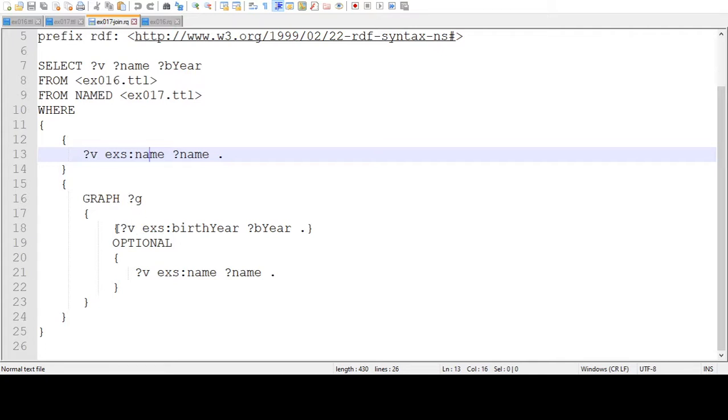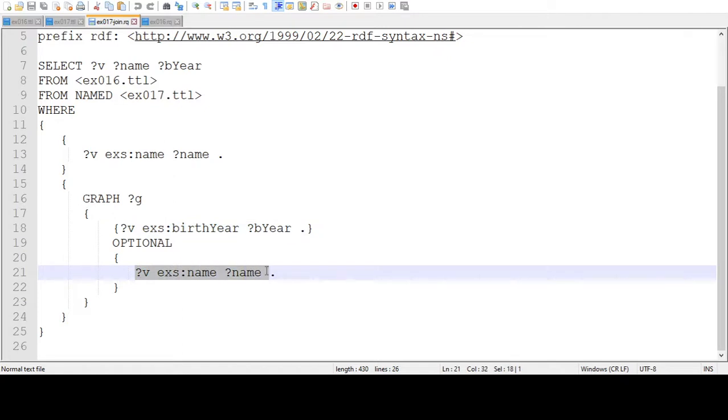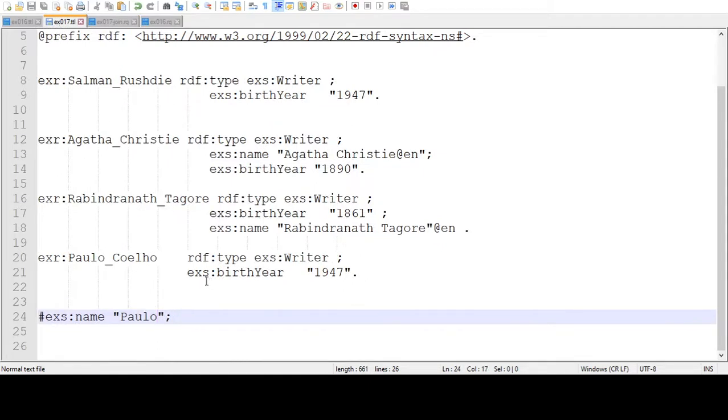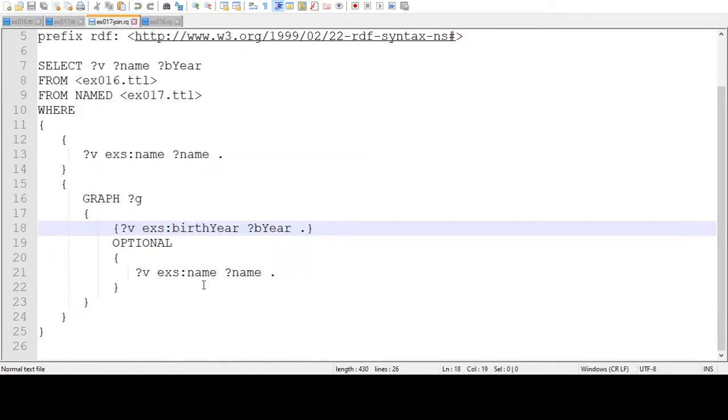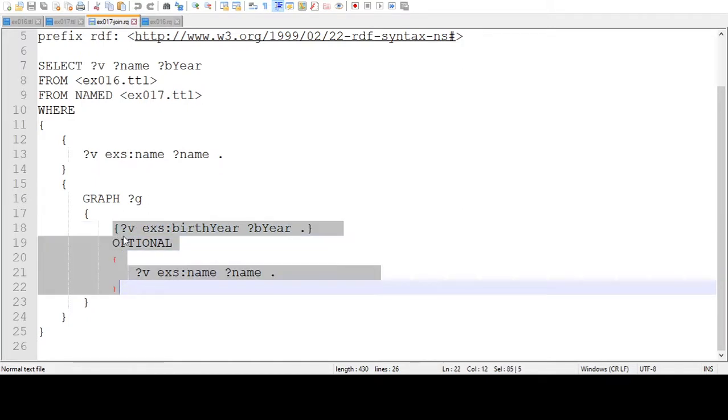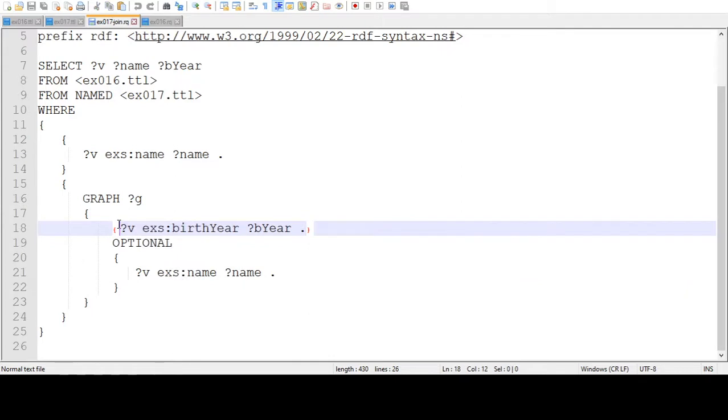So we are extracting the birth year of some entity, and optionally if they have names, then we are trying to extract the names, right? Now here, if we see the data, we don't have the name information of Paulo Coelho, right? But we have got the year of birth info. In that case, Paulo Coelho will be one output, coming to the output stream for this query, right?